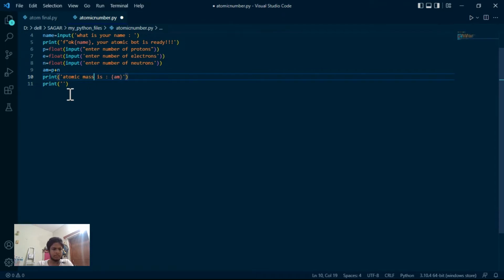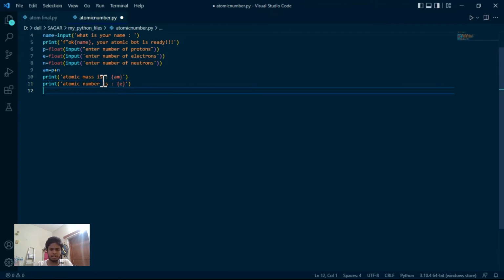Atomic mass is atomic mass. Atomic number is the number of electrons only. No, atomic number is proton only.